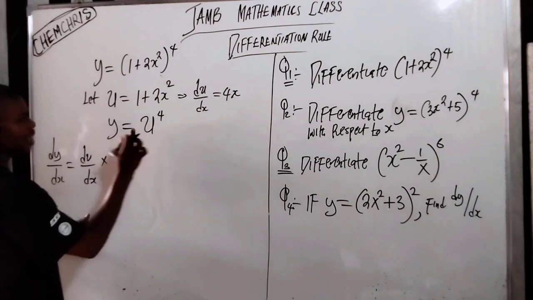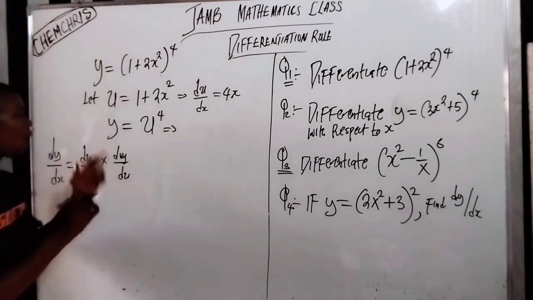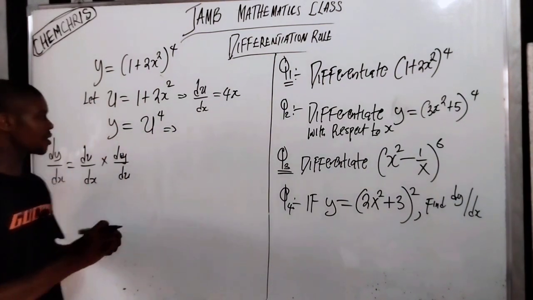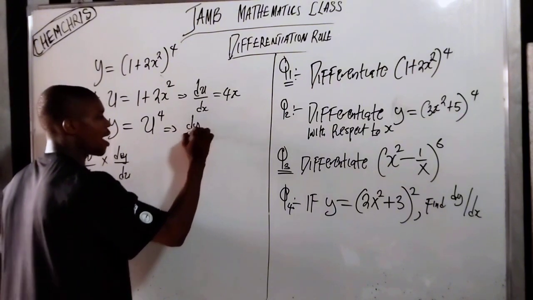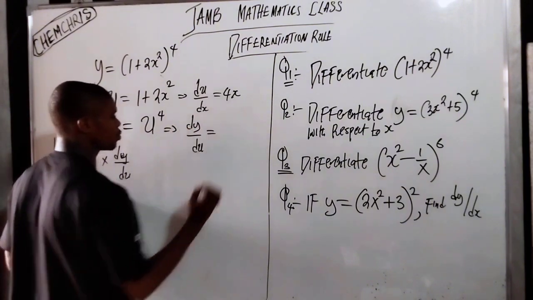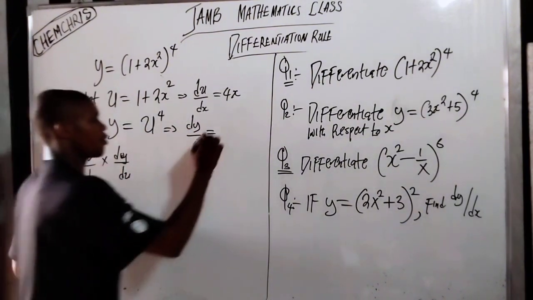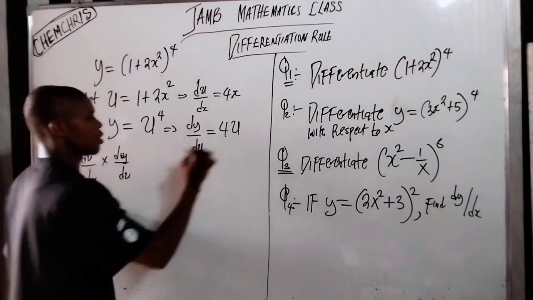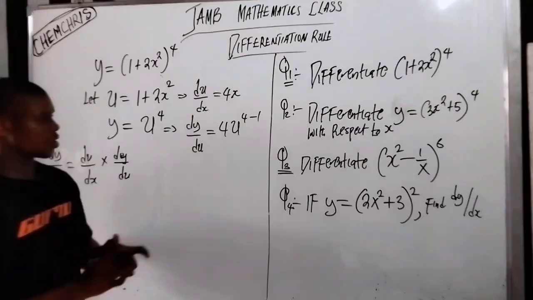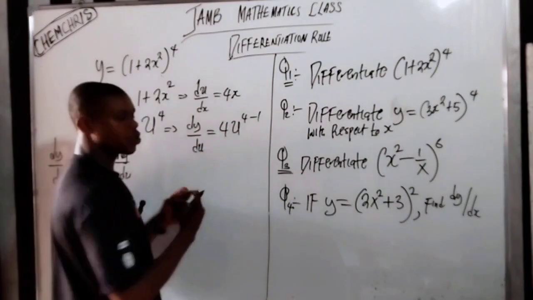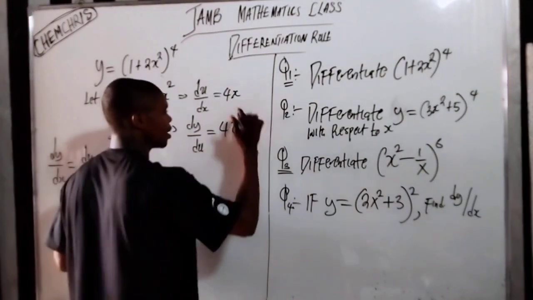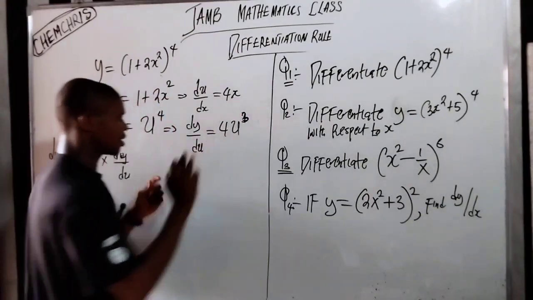Now what about differentiating y with respect to u? So dy over du equals 4u, with 4 minus 1 giving 3. So here we have 3. Can you see that?